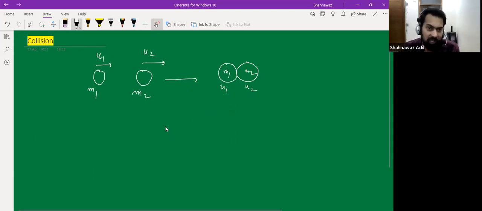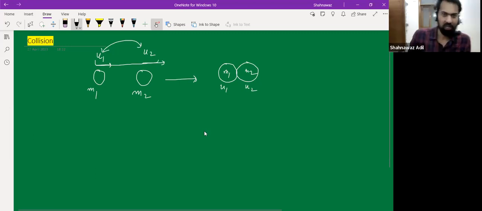Sanya, tell me what will be the relation between these two, as these are moving in the same direction, so that they collide? Anna, Idam, can you tell me what would be the relation between U1 and U2 so that these guys collide with each other?